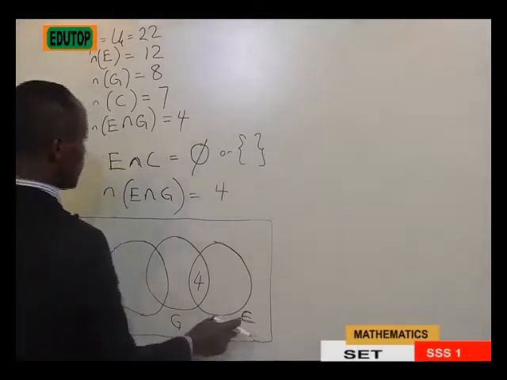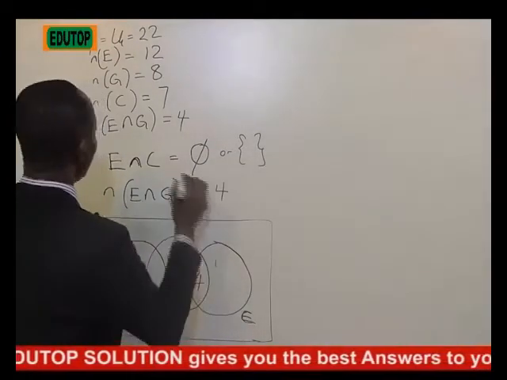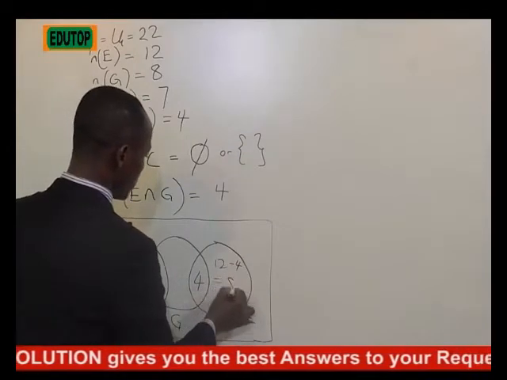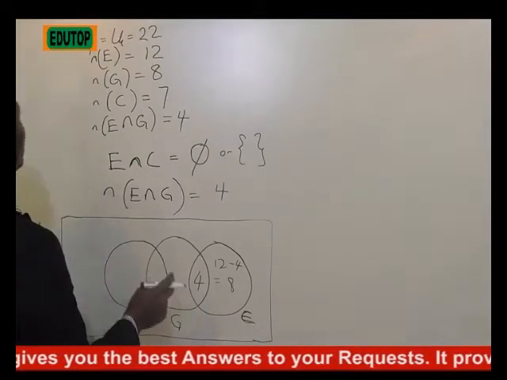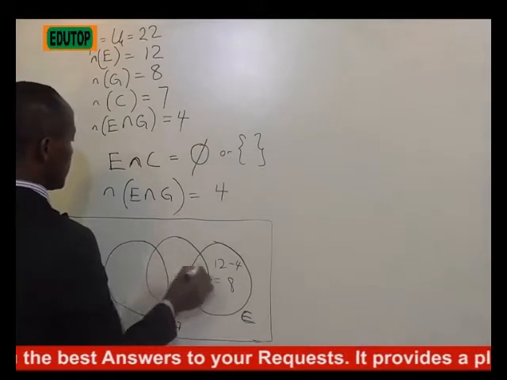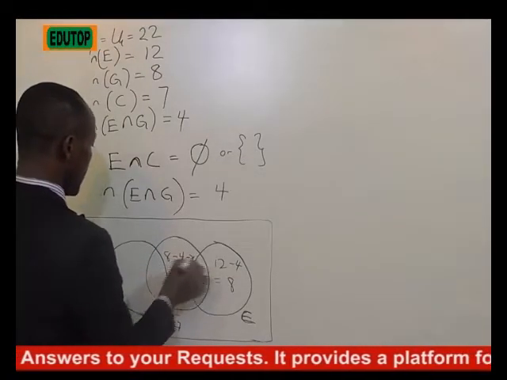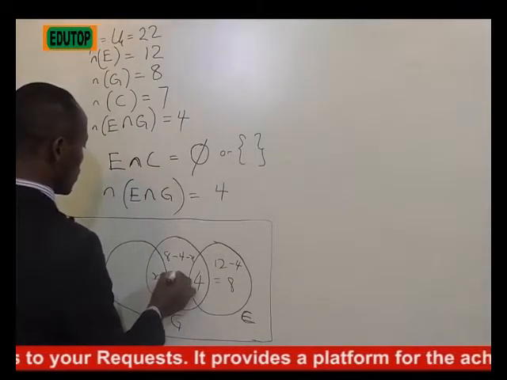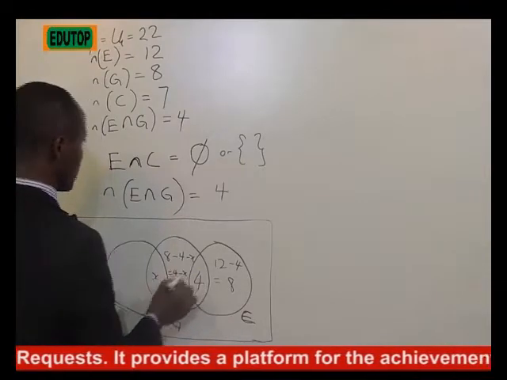That means the number of students that study only economics will be 12 minus 4, which is equal to 8. Those that study government, that's 8, 8 minus 4 minus x, that is here, that we don't know, which is equal to 4 minus x.